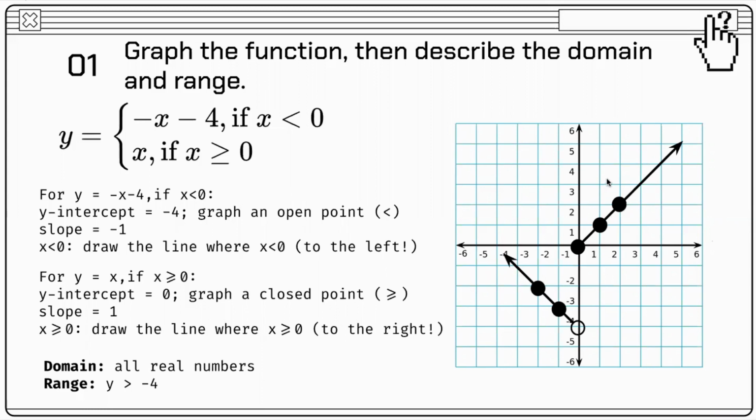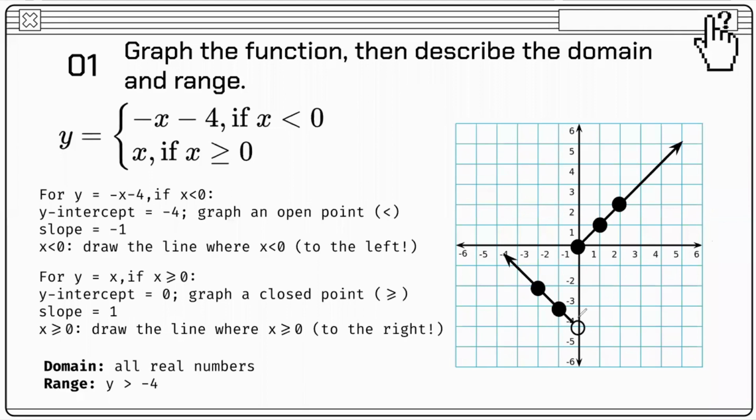So you want to look if both of your lines are pointing upward or if they're pointing downward. In the case that one is pointing upward and one is pointing downward, you're actually going to need to write two different inequalities so that you account for the ranges of both of the functions. In this case, since both of them are pointing upward, we only need to write one inequality.